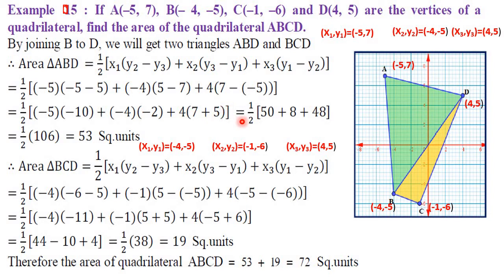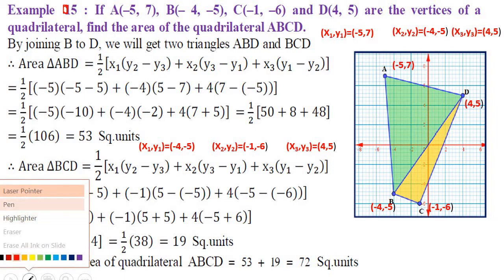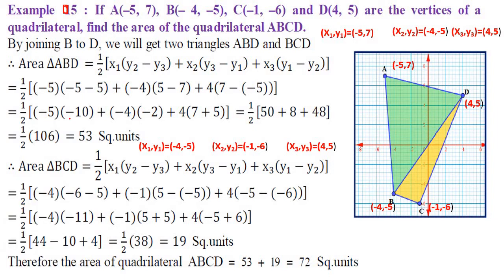Now let us simplify. Minus into minus is plus, 10 fives are 50. Next, minus into minus is plus, 4 twos are 8. Next, 7 plus 5 is 12, 12 fours are 48.